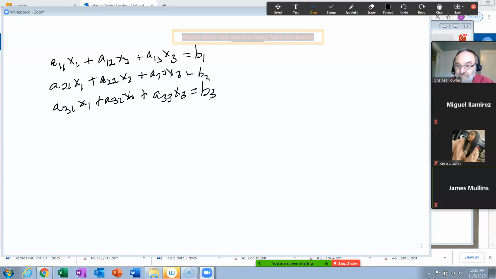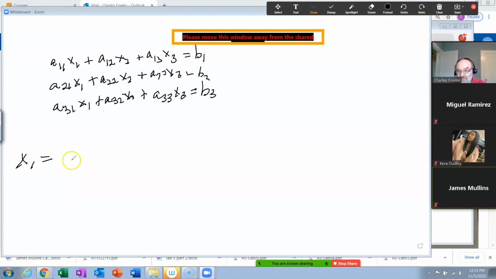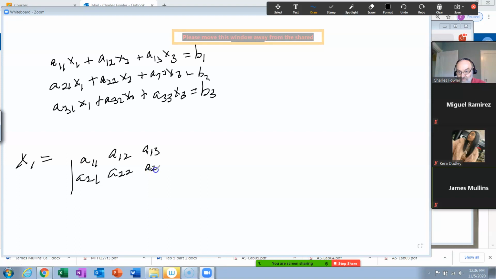Okay, so here is your solution. I mean, basically you can write it down. X sub 1 is equal to, your denominator is that coefficient matrix, A11, A12, A13, the determinant of that. A21, A22, A23, A31, A32, A33.